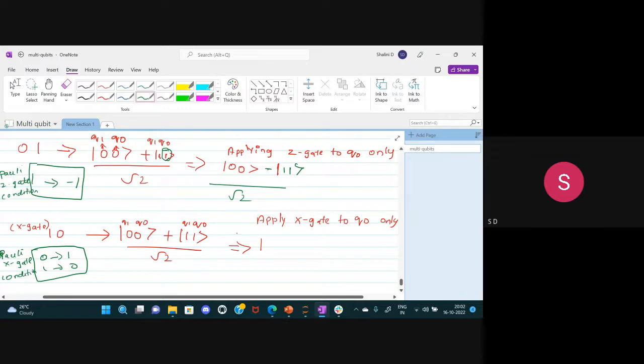So when you apply X to Q0, you will get (01 + 10) divided by root 2.